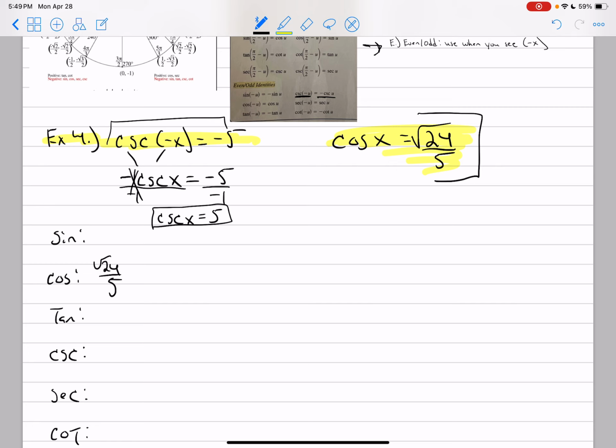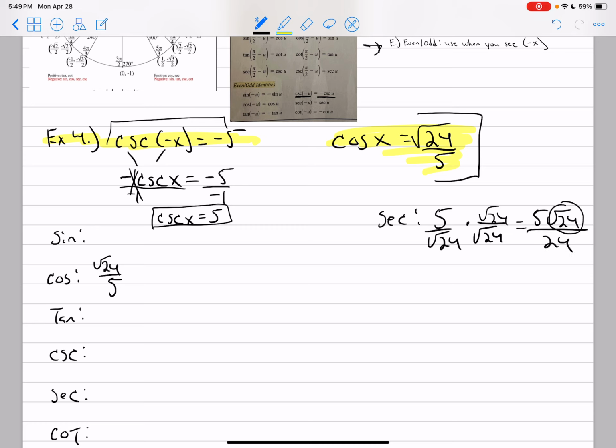That means the secant is the flip of that, 5 over root 24, times root 24 over root 24, because we can't have a square root on the bottom: 5 root 24 over 24.